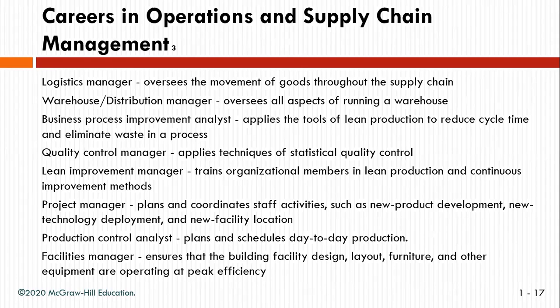The quality control manager applies statistical quality control techniques to minimize defects in the products. The lean improvement manager usually trains the organization's members in lean production and continuous improvement. We will touch on all these subjects so that we will have a general understanding of them.